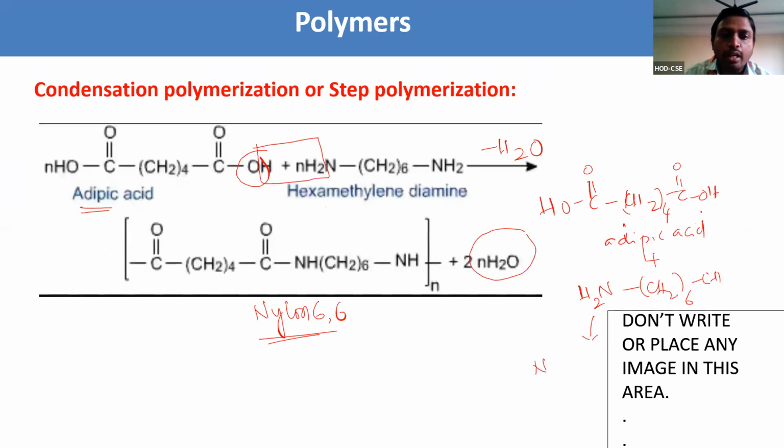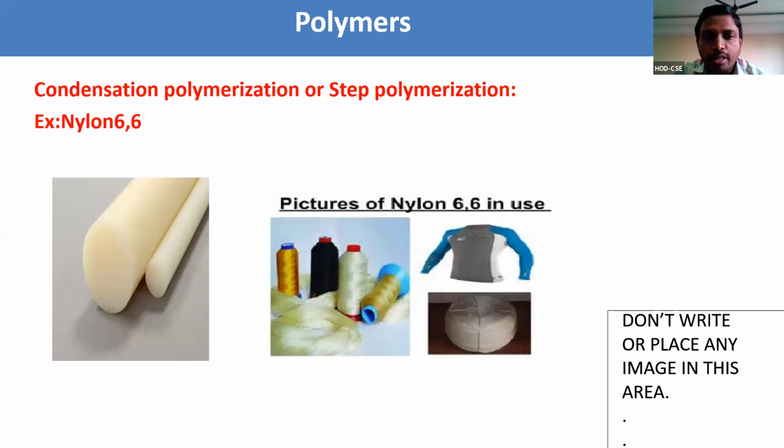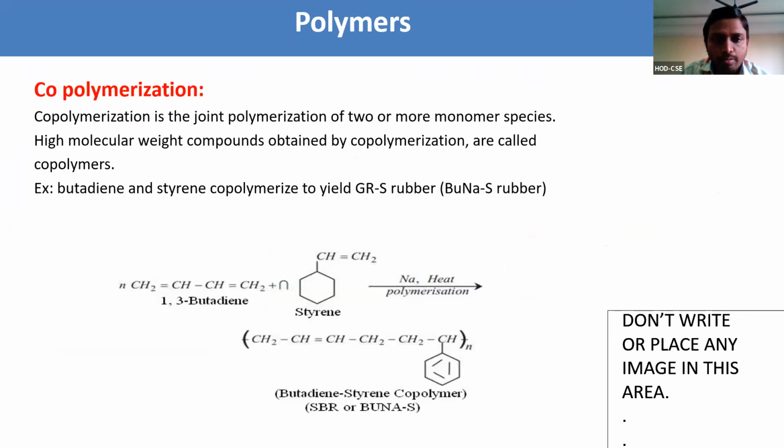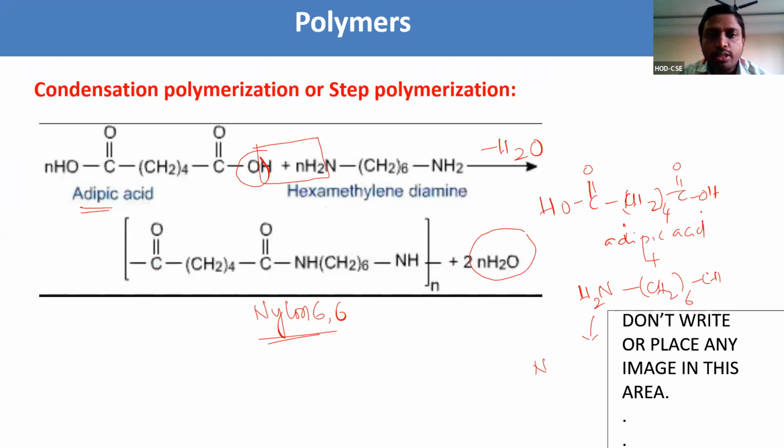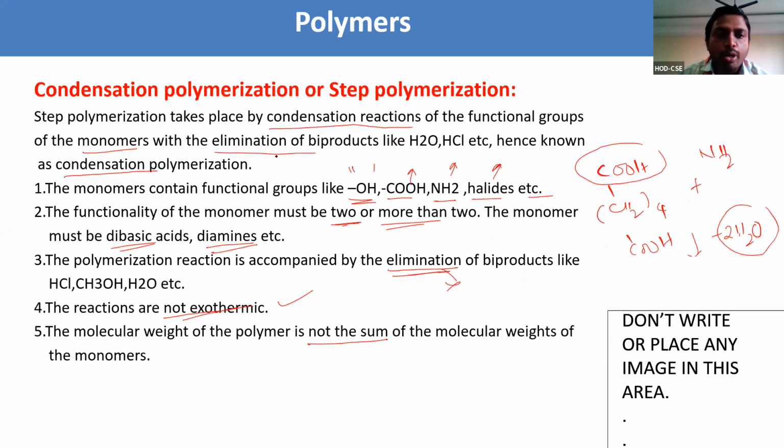Example: nylon 6,6. The monomers in the preparation of nylon 6,6 are adipic acid and hexamethylene diamine, which produce nylon 6,6. The monomer must be a dibasic acid or diamine. These are the points. The monomer contains functional groups like OH, COOH, NH2, halides, etc., and the functionality of the monomer must be 2 or more than 2.